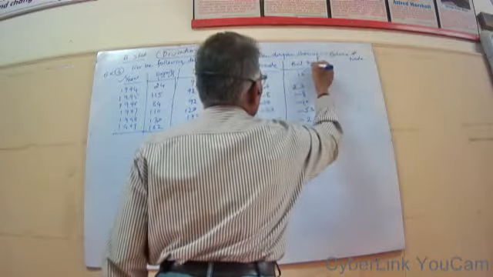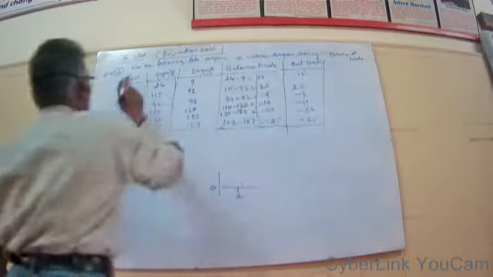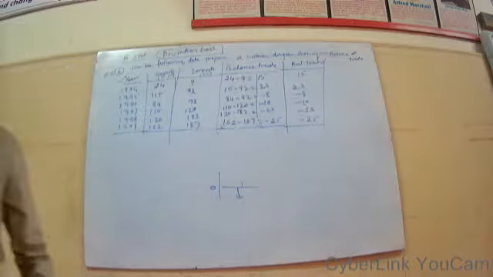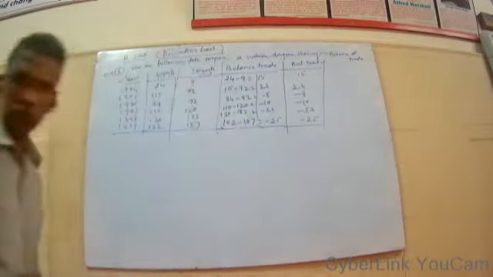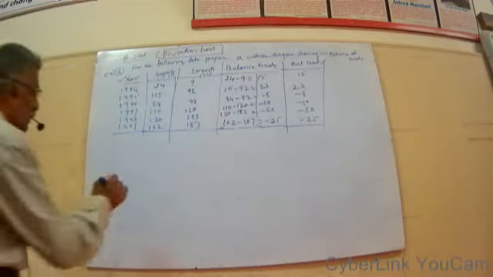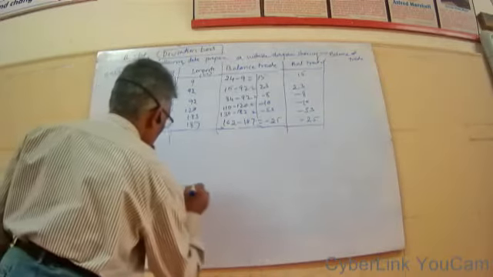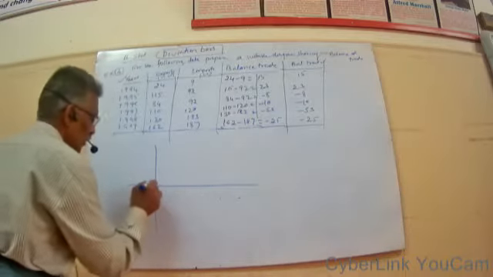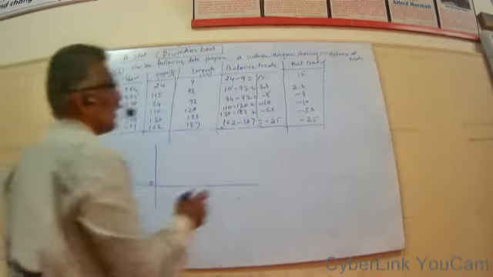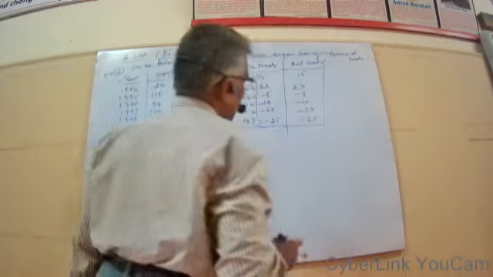Take this as the y-axis and this as the x-axis. Make a baseline for that. Draw the baseline, that is the x-axis, and the vertical line. Here put 0. Now you find positive and negative values.